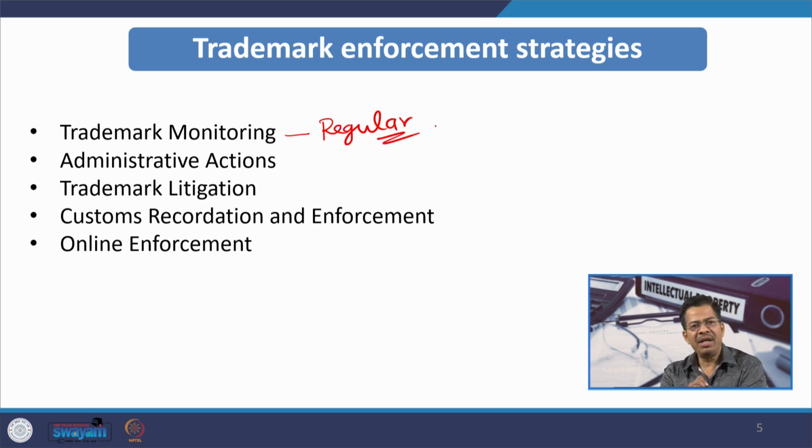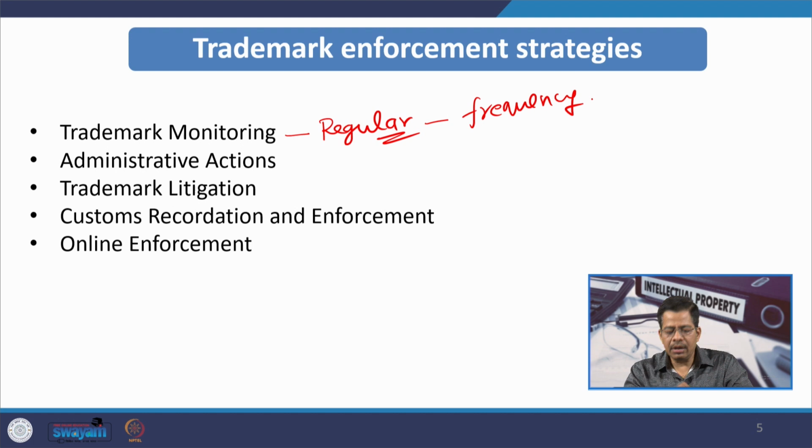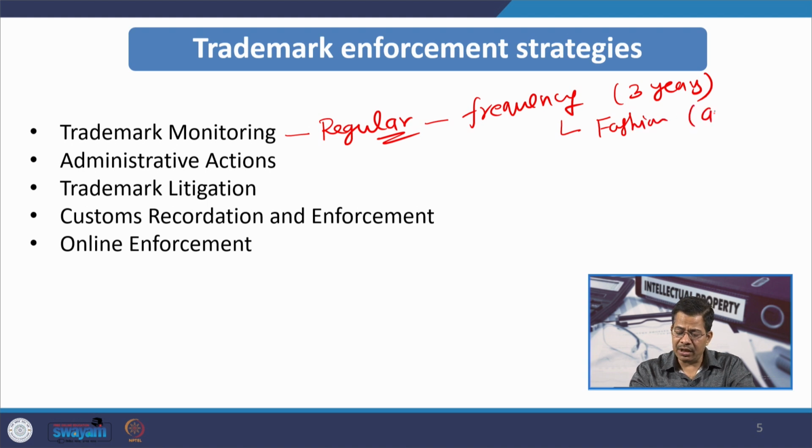Now, regular does not mean daily basis, you need to decide frequency, and as I just said, it may be 3 years, or in a very fast changing world, particularly let us say fashion, it may be annually also.